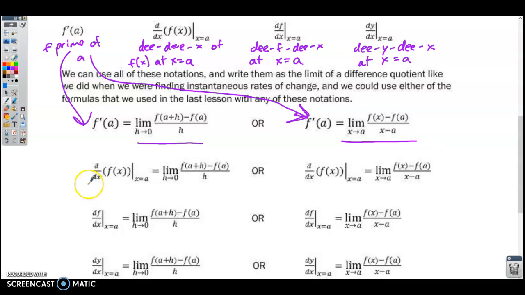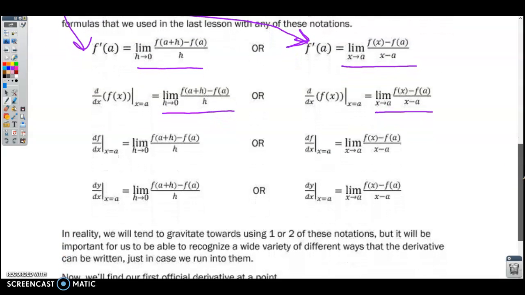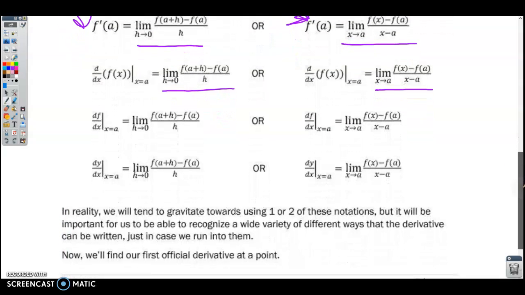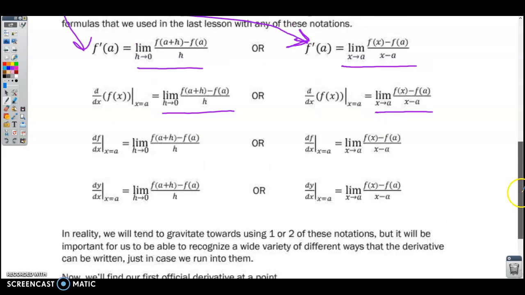Same thing, we can write the derivative d/dx of f of x at x equals a using either of those limits of difference quotients. Okay? So any of the notations for derivatives can be written using any of the difference quotients. In reality, we tend to gravitate towards one or two of these notations, but it's usually important for us to recognize a wide variety of ways.